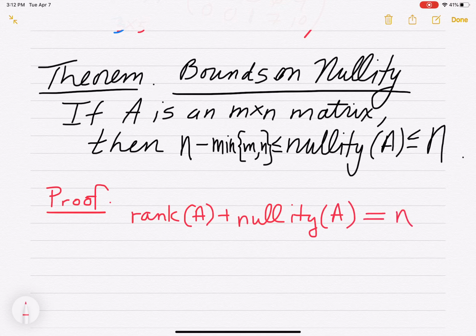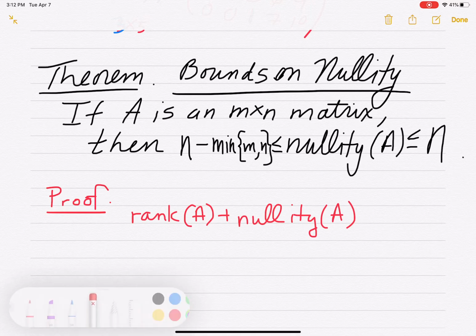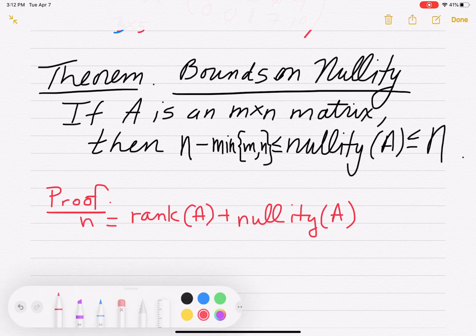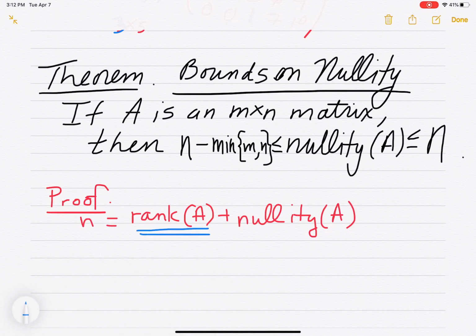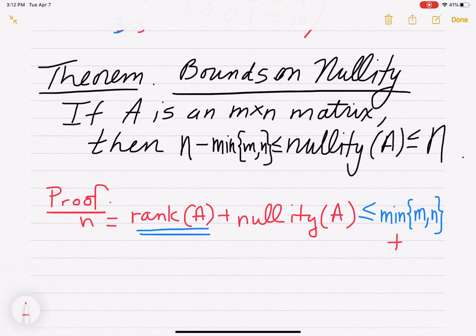Let me put the n on the other side of the equation. What else do we know? Well, we know the rank has an upper bound, so this is going to be less than or equal to the minimum of m and n. The rank is limited by the number of rows and columns. And then plus the nullity on the end.